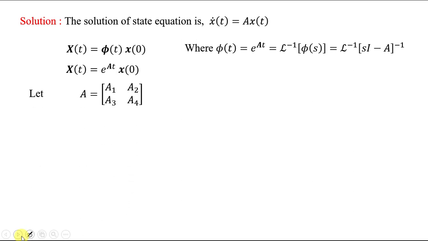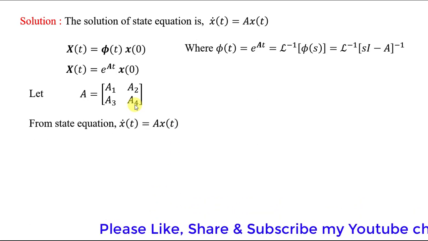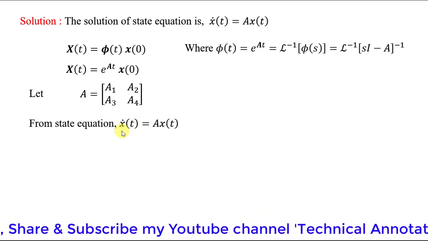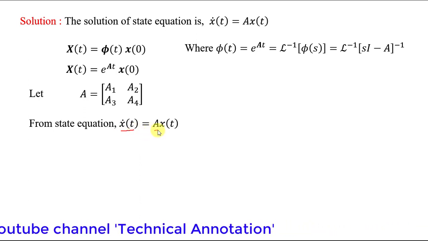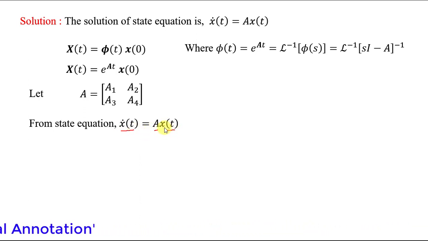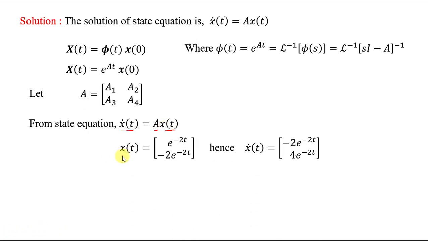Let us suppose the matrix A equals [A1 A2; A3 A4]. From the state equation, dx(t)/dt equals A x(t), we will take the first condition. If x(t) is given as [e^(-2t), -2e^(-2t)], then if we differentiate this x(t), you will get -2e^(-2t) and, 2 twos are 4, minus minus plus, so 4e^(-2t).